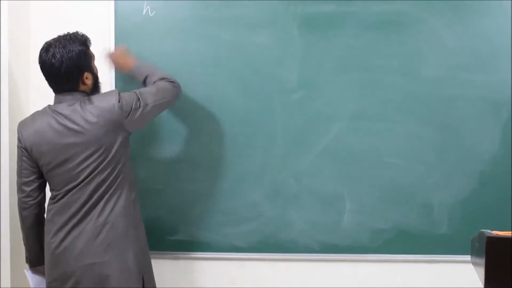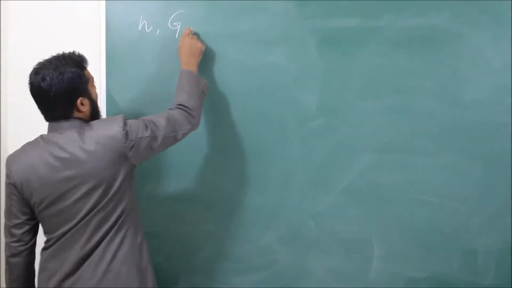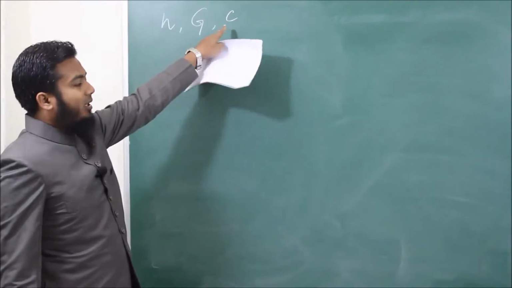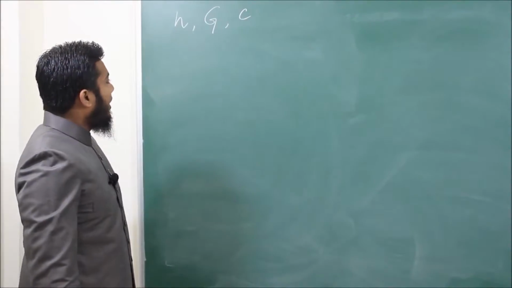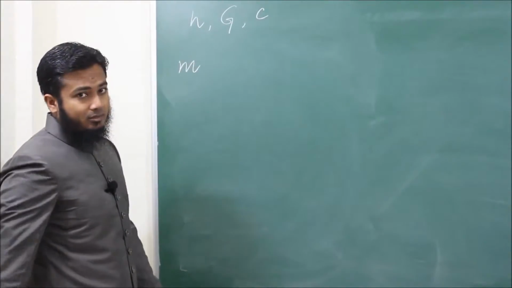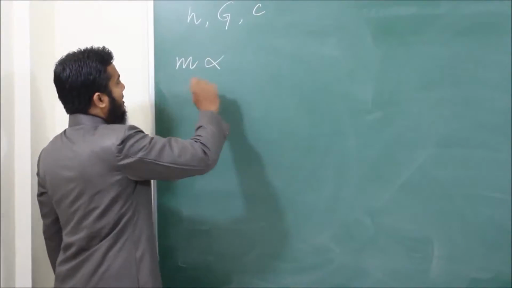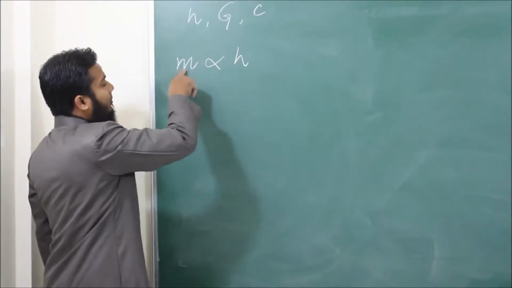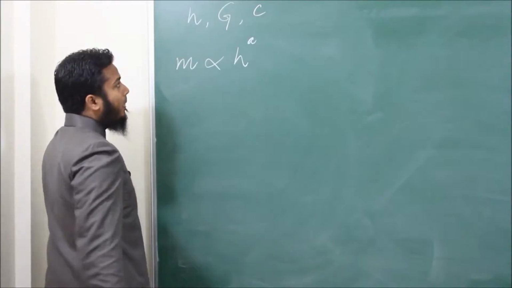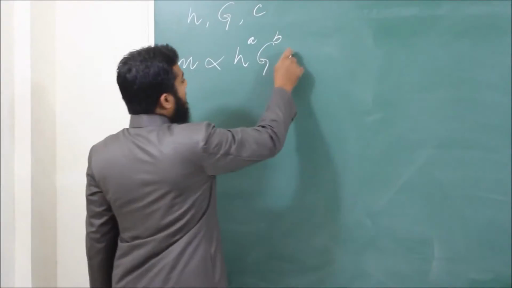So I have chosen base quantities as Planck's constant, gravitational constant, and speed of light. For speed of light we write c, speed of light in vacuum. And I have to find dimensional formula for mass in terms of these quantities. So I will again make a guess, and I will say that m is directly proportional to h raised to the power some a, and g raised to the power some b, and c.